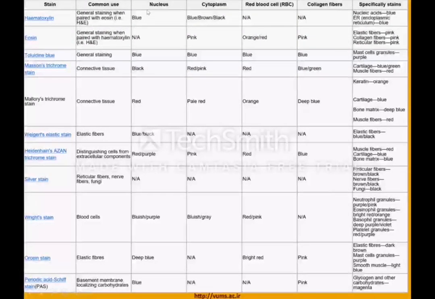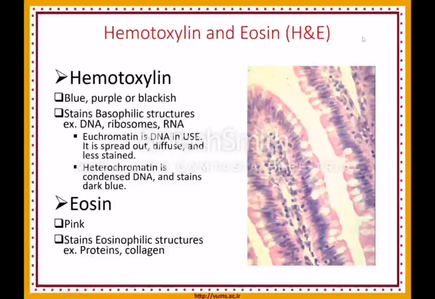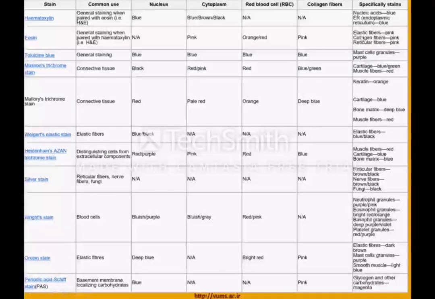The hematoxylin stains the nucleus blue, and the eosin stains the cytoplasm pink. There are also stains for other structures. For example, eosin can also stain the different fibers in the cytoplasm. But other stains are special stains that different labs use especially for some structures.